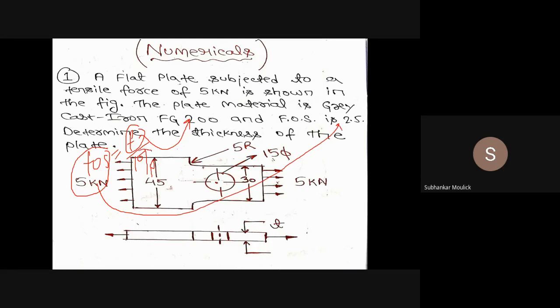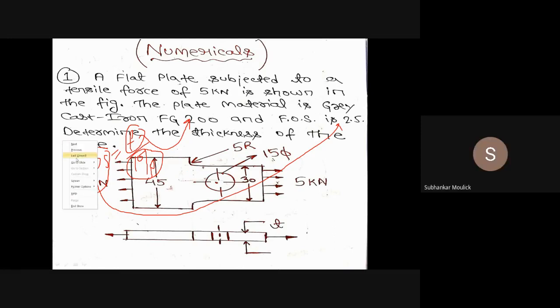I can get the value of sigma p, that is the maximum permissible stress of the problem. So while designing, you need to keep in mind that whatever maximum stress comes out for this whole section and for this fillet section, it should be either equal to or less than the value of permissible stress. Then only your design is safe, or else your design will fail. Is it clear?